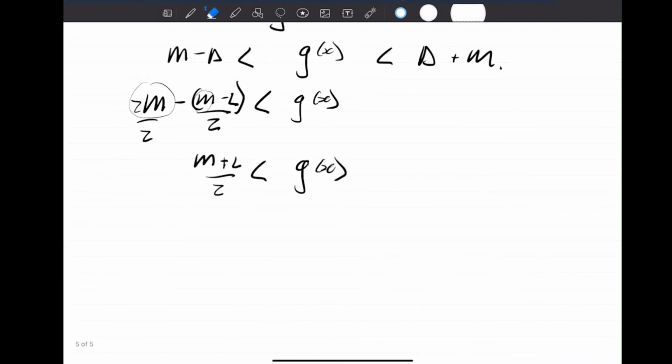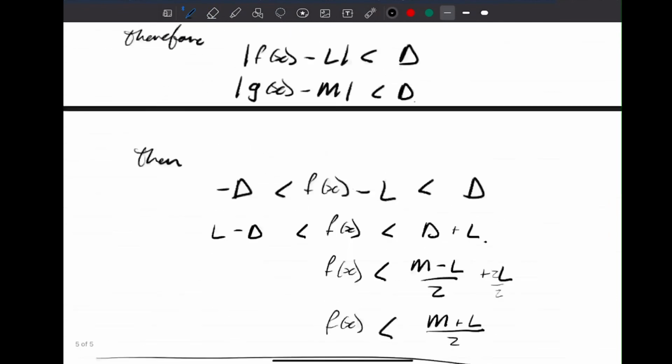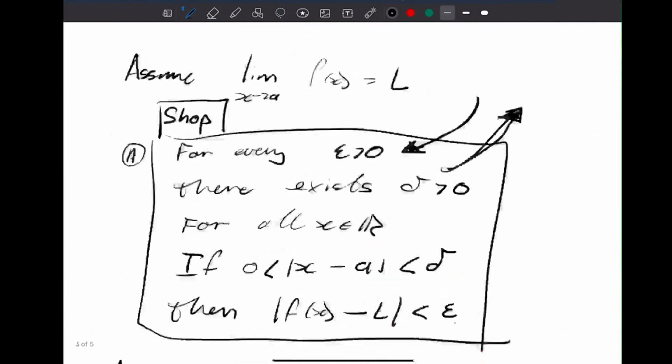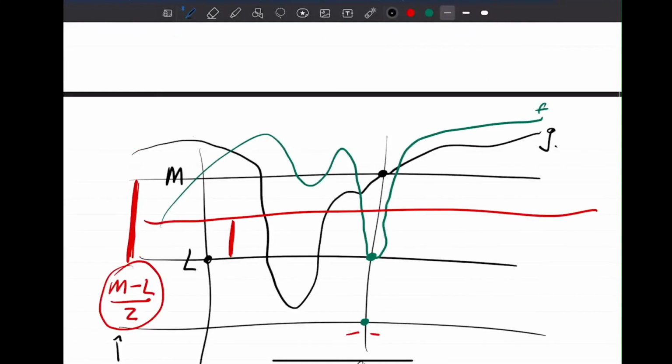And this is also not a surprise. This is how we defined our D. We expect our function values for g to be above halfway.